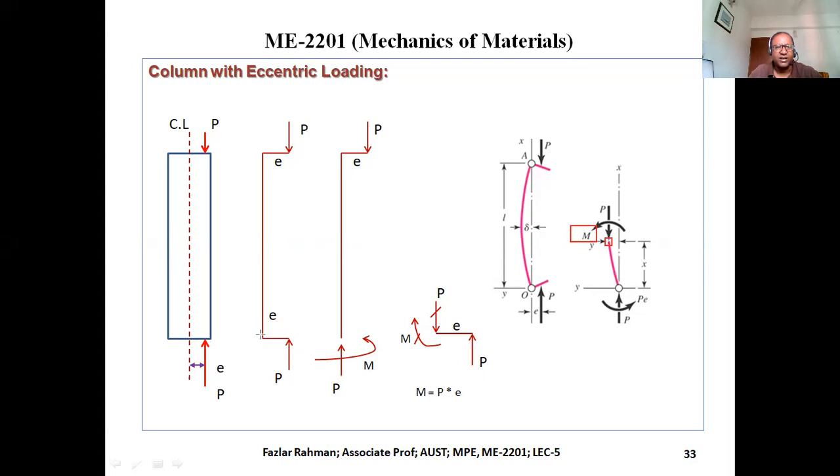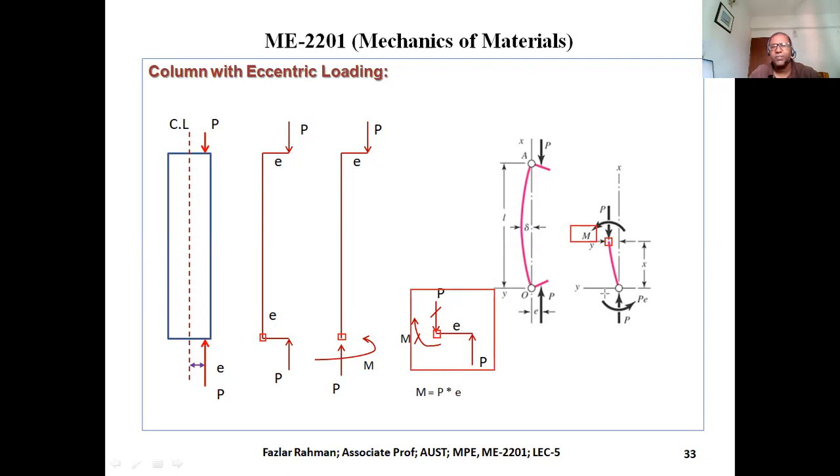We cut the column right over here, make a free body of this portion, then we balance this point. At this point, the force will be opposite: P downward here, it will be upward here. Bending moment clockwise here will be anti-clockwise.